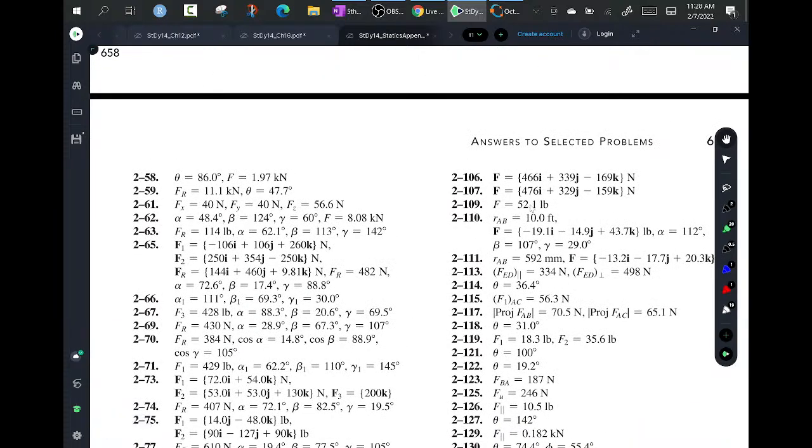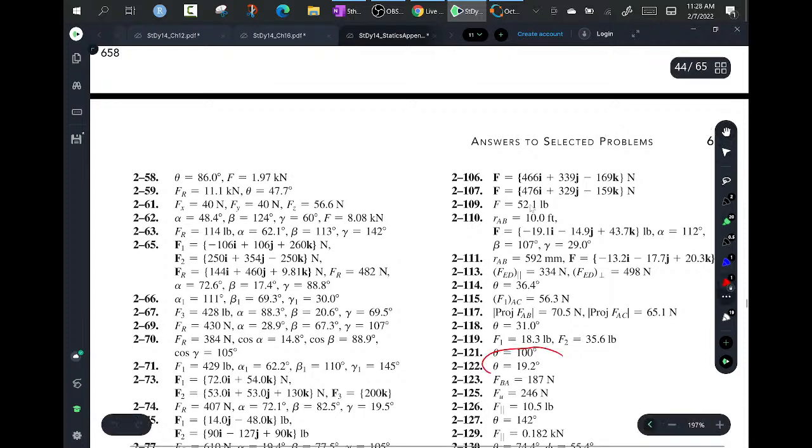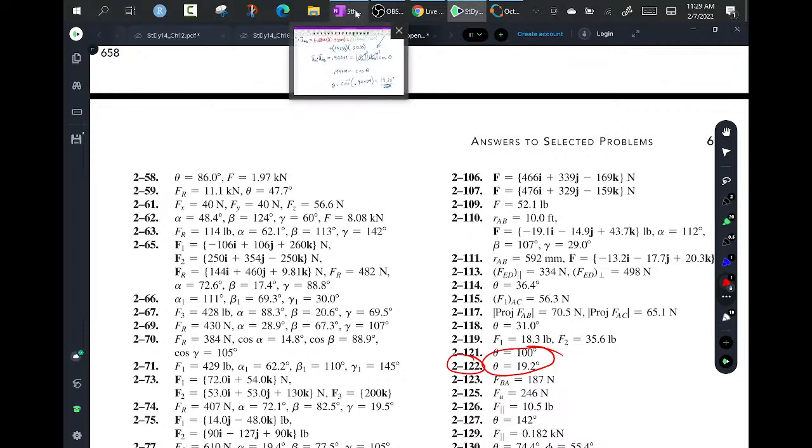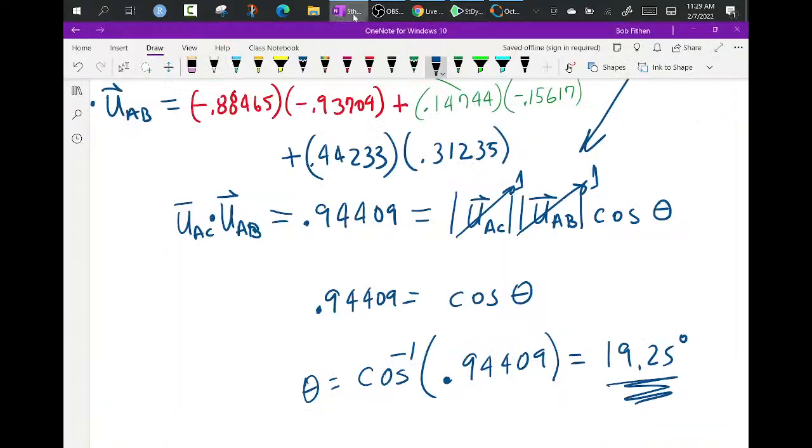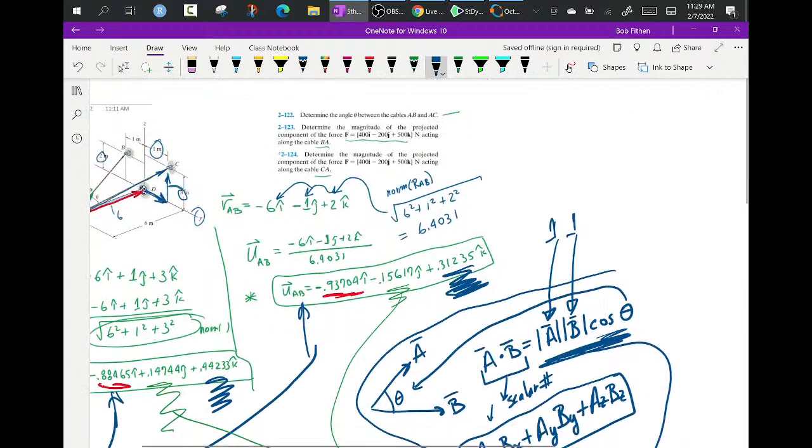122. So there's the 122. So now, I'm sorry, 19.2. Let's look back and see what else he wanted to find.